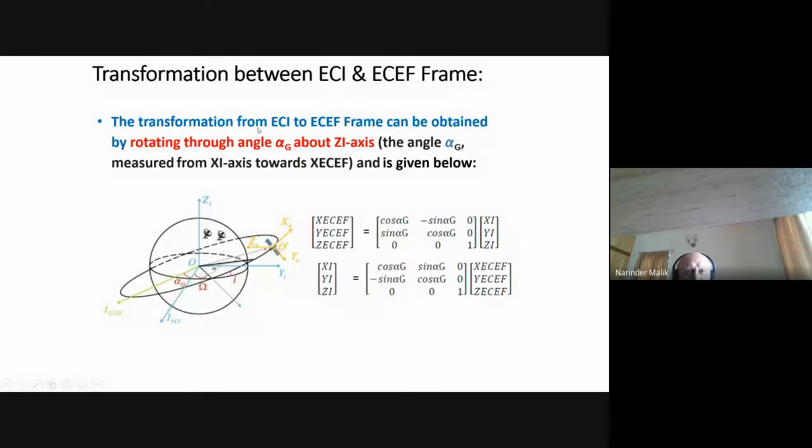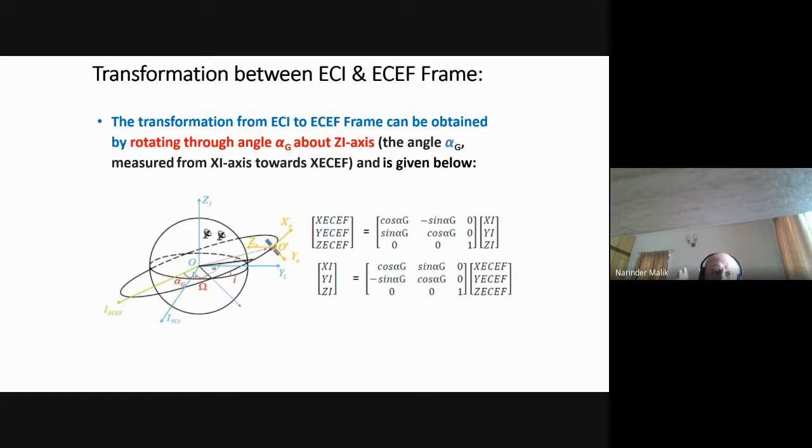Now the transformation from ECI to ECF frame, with the same diagram. For the ECF frame everything is the same, except that one axis passes through the Greenwich meridian. The angle between the Greenwich meridian and the x-axis of ECI changes with time with respect to the initial frame.